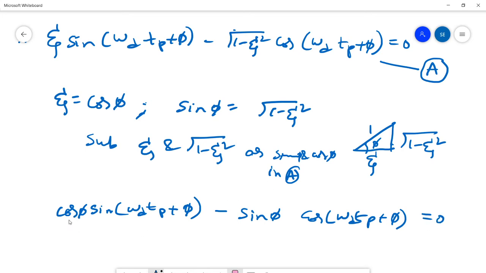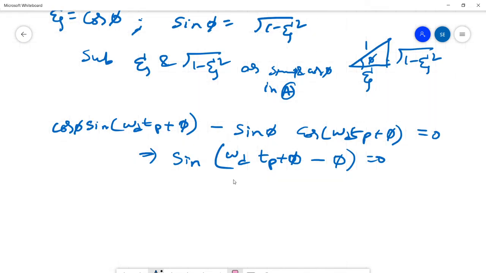See this function, if you observe, cos a sin b minus sin a cos b. This can be written as sin of a minus b, so omega d tp plus phi minus phi is equal to 0. So phi and phi get cancelled out here. So what we get is sin omega d tp is equal to 0.